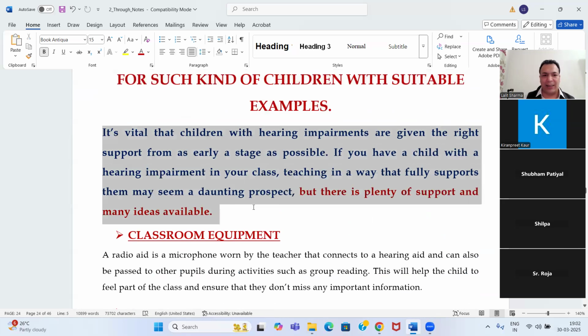It is vital that children with hearing impairment are given the right support from as early a stage as possible. ये देखो बहुत जरूरी हो जाता है, right? That's why it is said that teaching is not everybody's cup of tea. Teaching does not mean that you take your syllabus, come into the class and put it into the mind of the student.